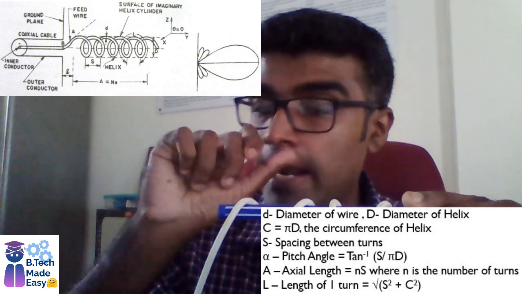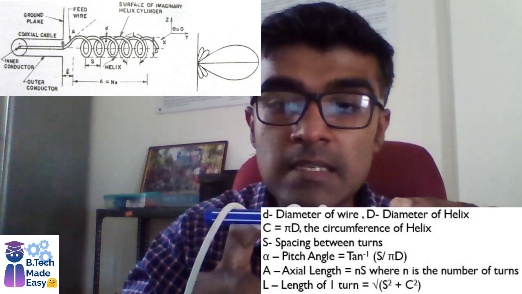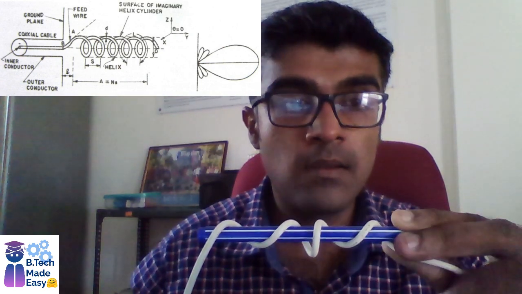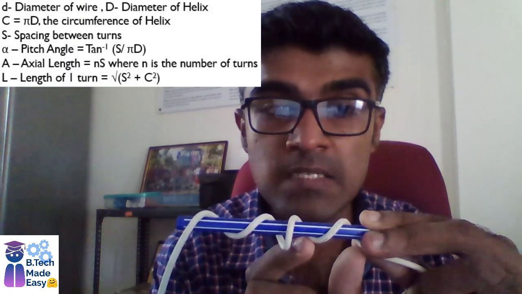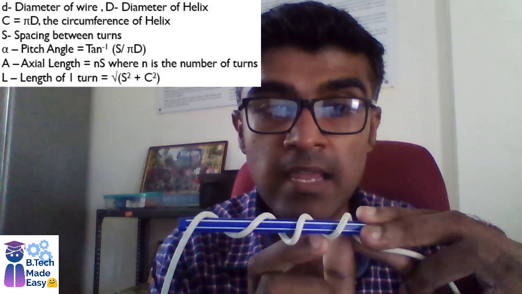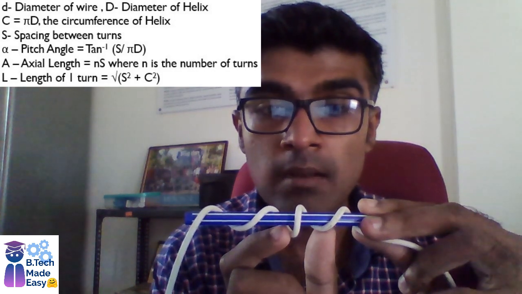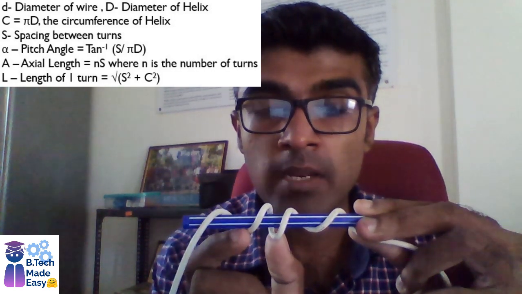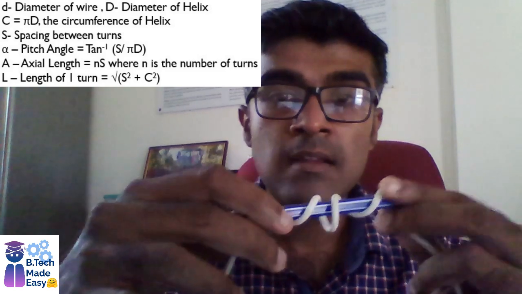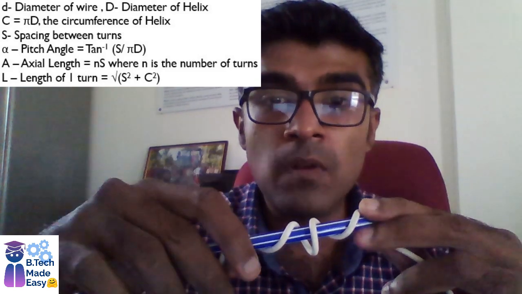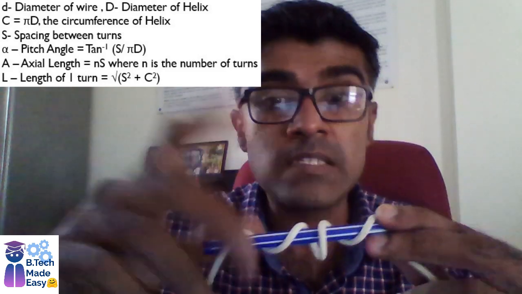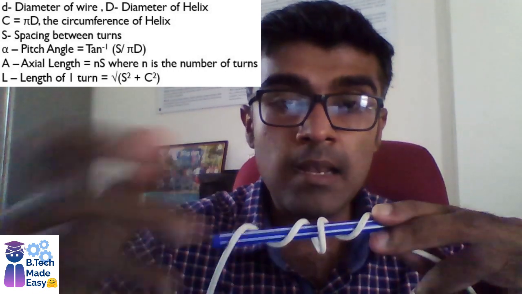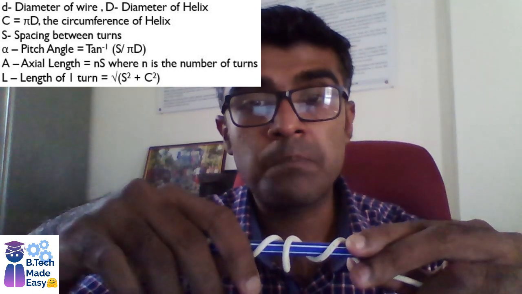So in an actual ideal case, all the spacings will be the same throughout. For example, if it is 1 centimeter spacing over here, then the same 1 centimeter will be coming over here, and the same 1 centimeter over here also. So in that case, the spacing S between the turns will of course be 1 centimeter. That's it.